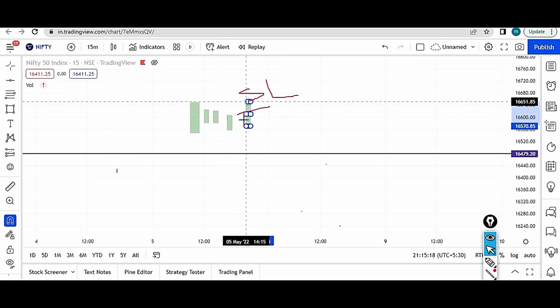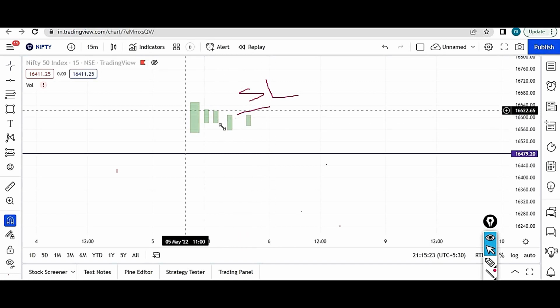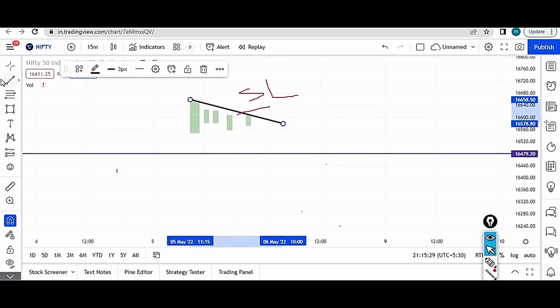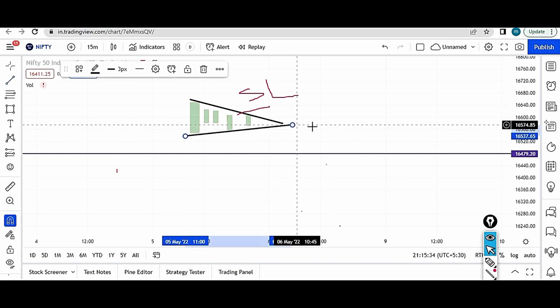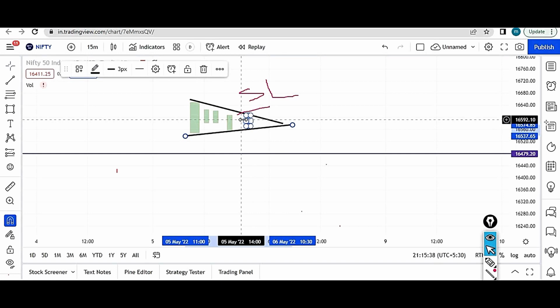Okay, these are the candles it made, consecutive candles. Then the more it consolidates like this, okay, 15 minutes for Bank Nifty, for stocks also, the more it consolidates, the more powerfully it breaks out.